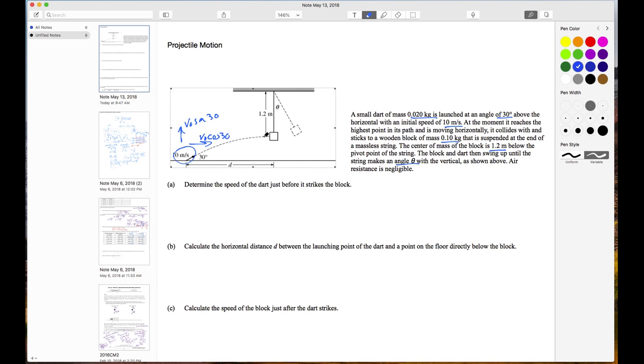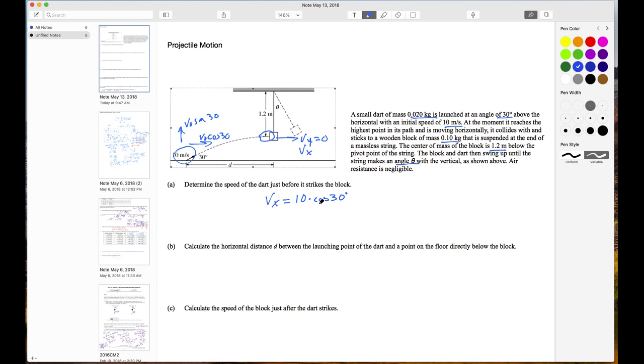Well, the collision happens at the apex, and at the apex we know that Vy has to equal 0. We're just moving horizontally with Vx. Vx is the only speed that this block will have. Vx hasn't been affected by any force, so it hasn't changed based on Newton's first law. So here, Vx is my V0, which is 10, times the cosine of the launch angle.